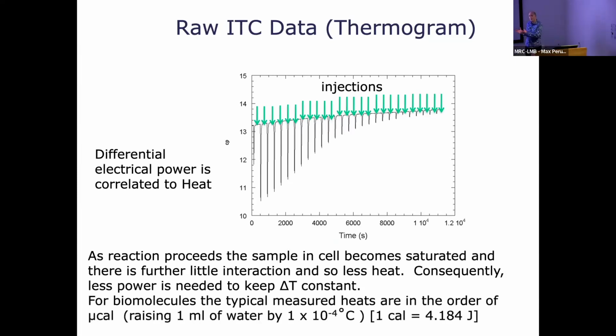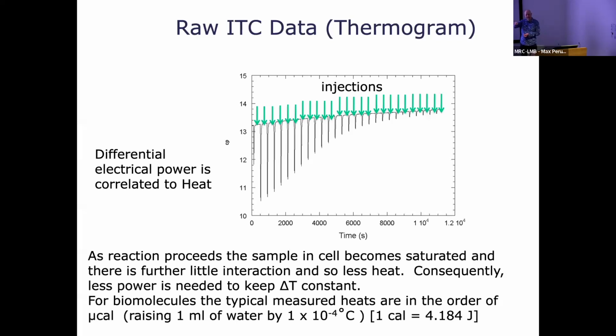And so what kind of heats are we talking about? Incredibly small heats. You can imagine that it's in the order of microcalories. And of course, the calorie is not an SI unit. So 1 cal is 4.184 joules. And lots of the literature you'll see will always be in calories. Think about it compared to the calories on your box of cereal.